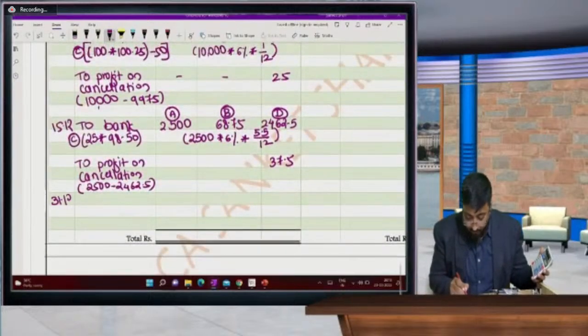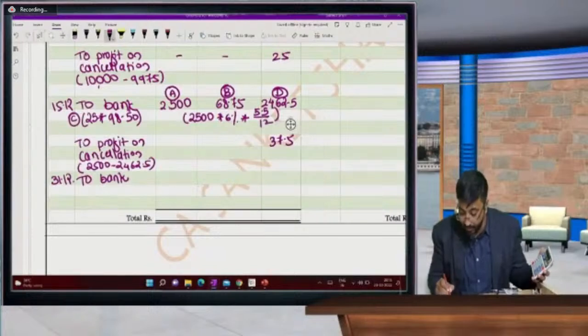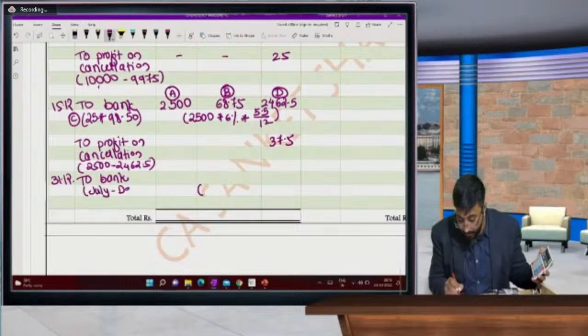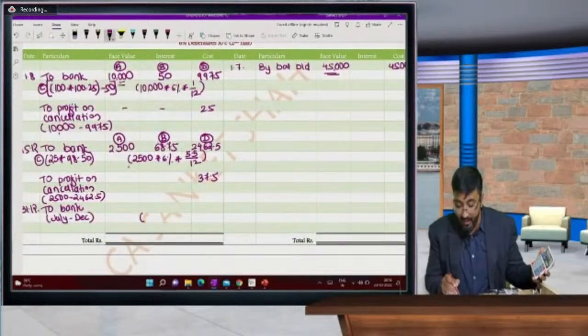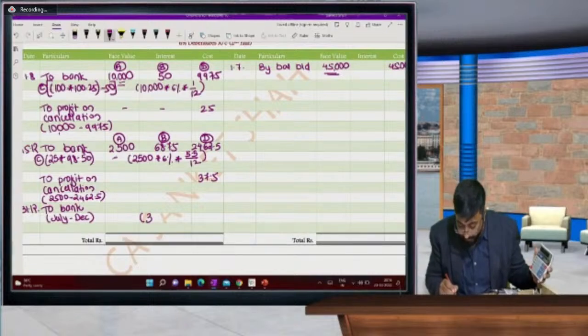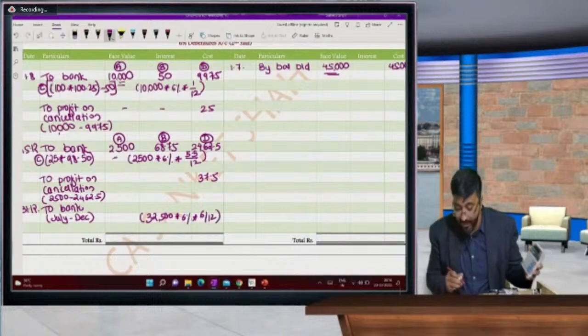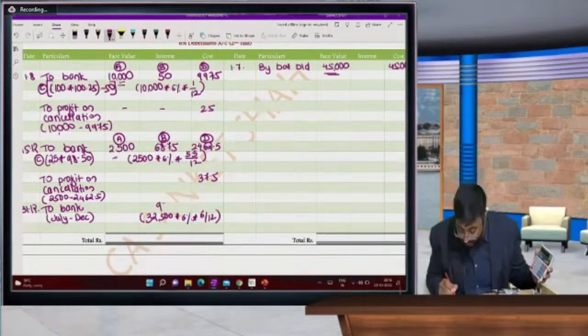Now beta, 31st December, to bank, interest payment date from July to December. How many debentures you have? 45,000 minus 10,000 minus 2,500, 32,500, into 6% into 6 by 12, 975.